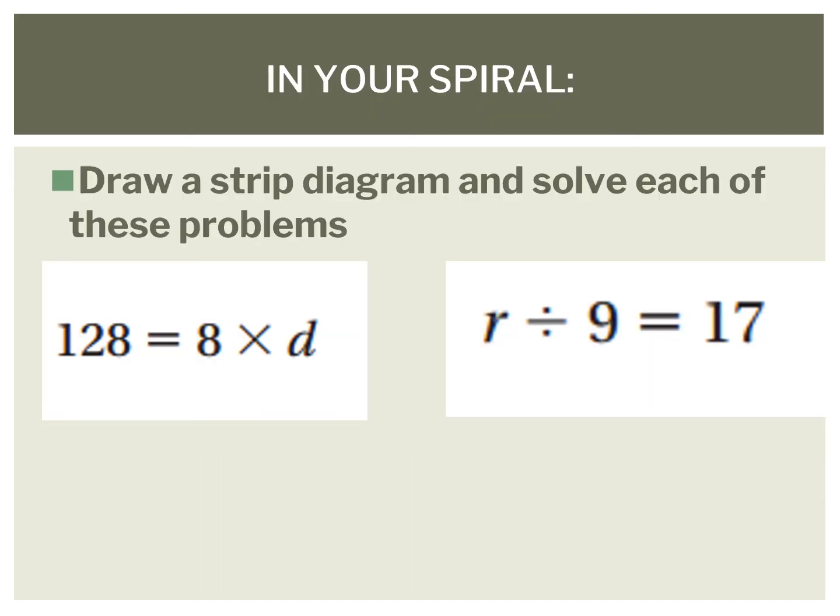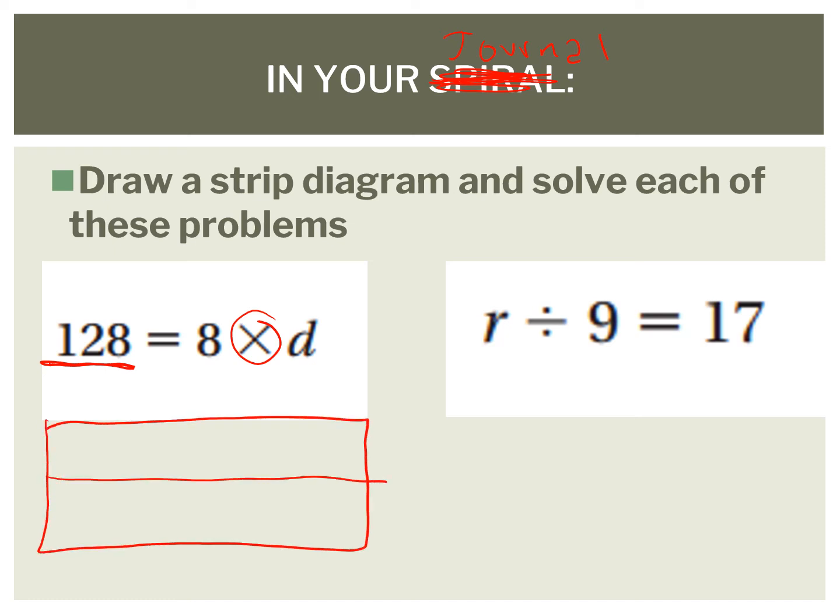All right, so in your journal on the left side, let's draw a strip diagram and solve each of these problems. If I have the big number, I know it is multiplication. So I'm going to draw a strip diagram. What do I know? My total is 128.